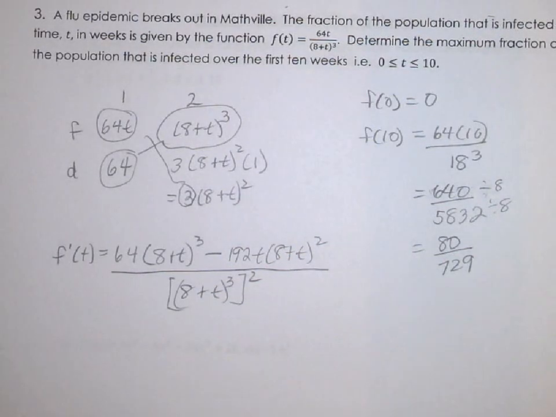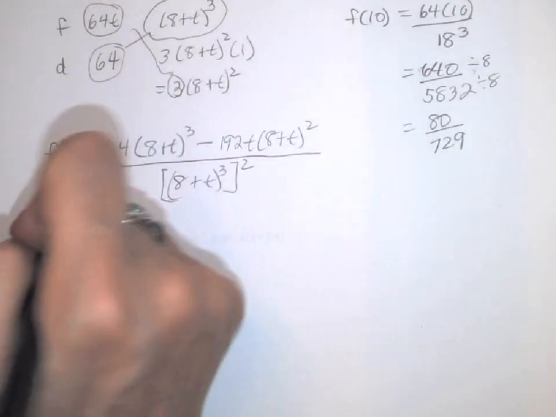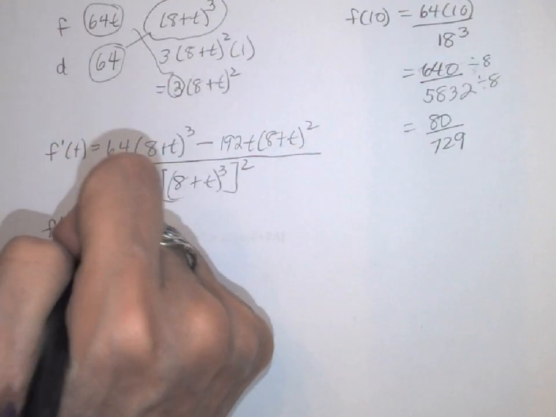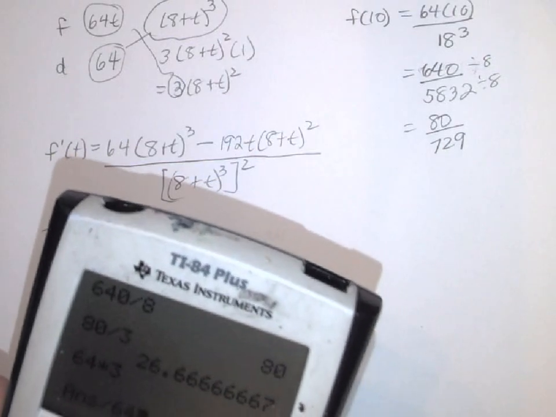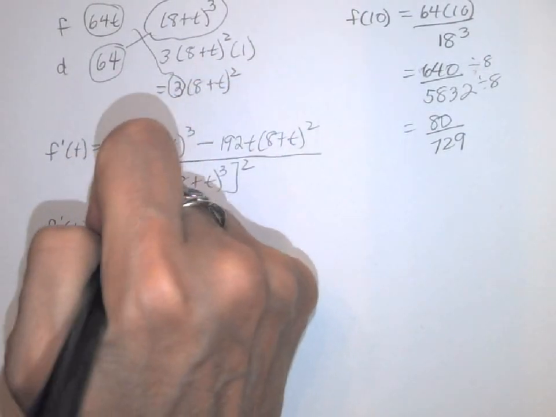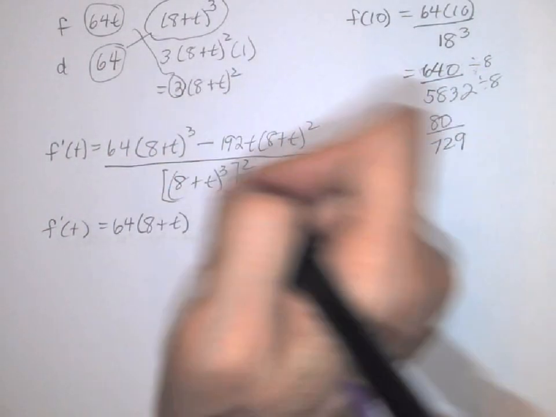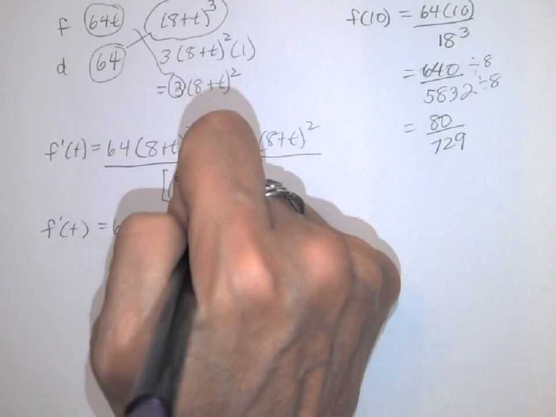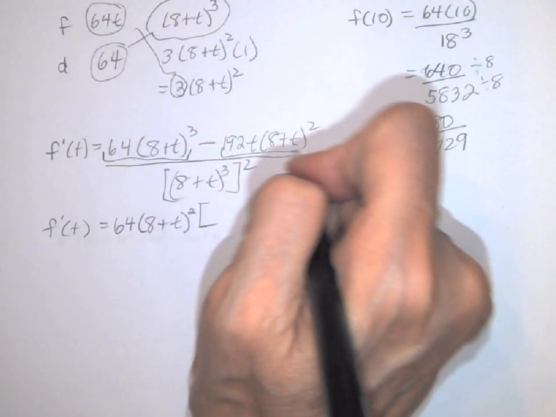Okay, and that's just using the quotient rule. So now I'm going to factor it, put it in simplified factored form. Okay, 64 goes right into 192, so that's handy. So 64, and then I have 8 plus t to the power of 2, and then open up my bracket, so I'm common factoring out each chunk here.